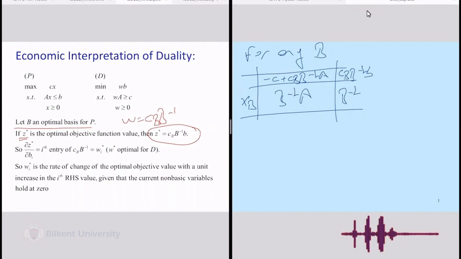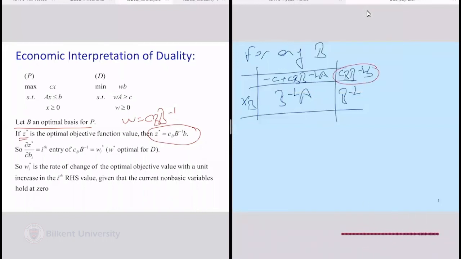Okay, but the general format is actually this. If the column of the A is coming from identity, it goes B inverse B, which is 1 or 0, right? So anyway, this is how the table looks like. As you see from here, this is my objective function, CBB inverse B.